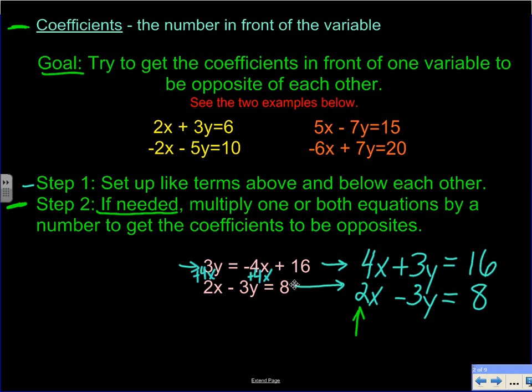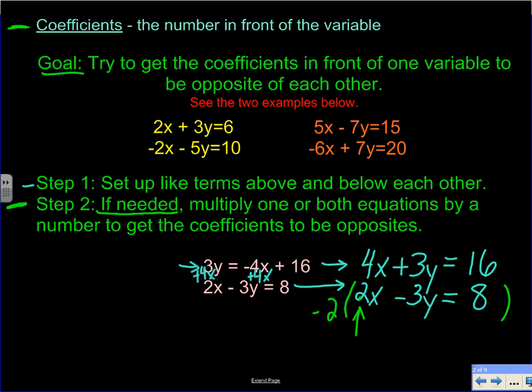You have a +4x on top. What could you multiply the bottom 2x by to make it a -4x? Well, you would multiply the bottom equation by -2, because, for instance, we're not going to do this on the next slide, but I just want to show you how this works out.